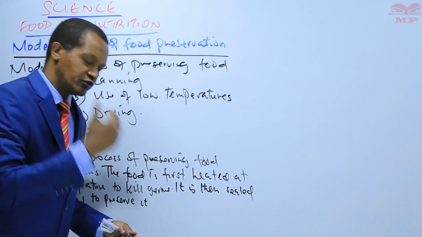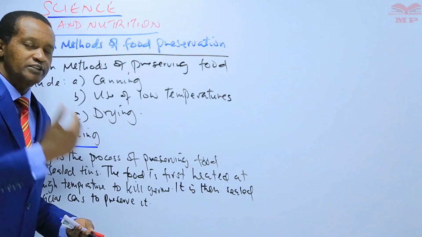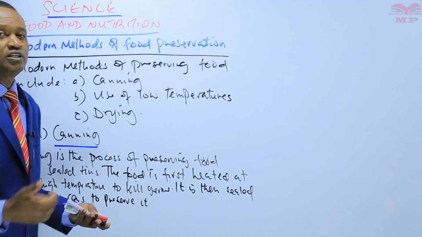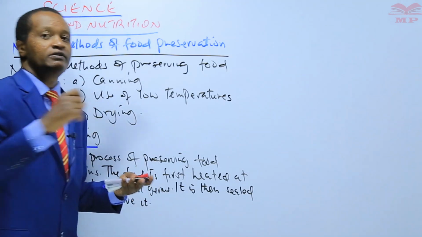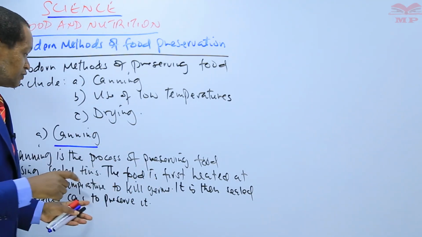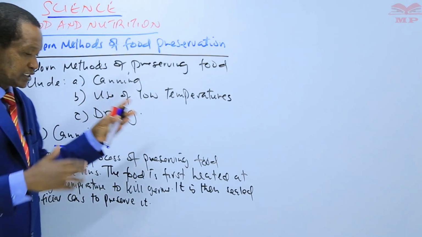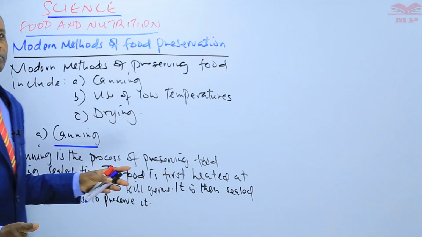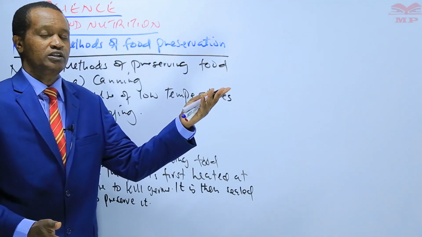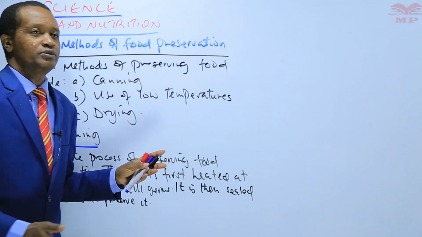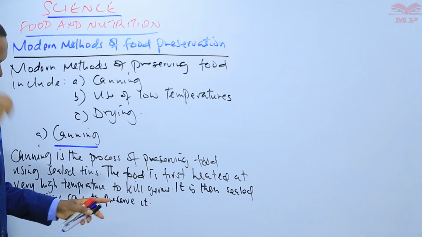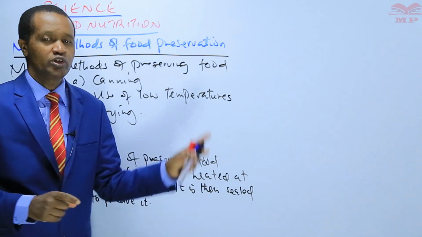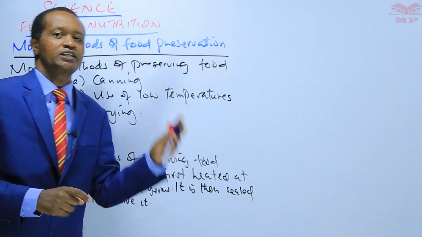Because if you buy food after the expiry date, there are high chances that the food is bad. So canned food, like in Kenya here, is bought in supermarkets. And I'm telling you, in case you would want to buy food that is canned in supermarkets or in shops, make sure you check the expiry date.